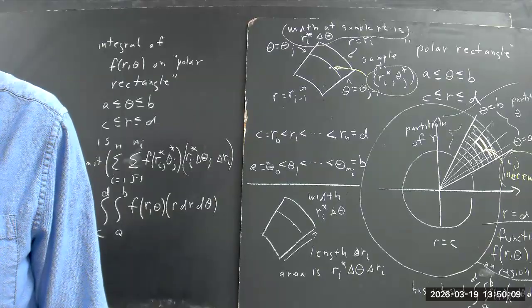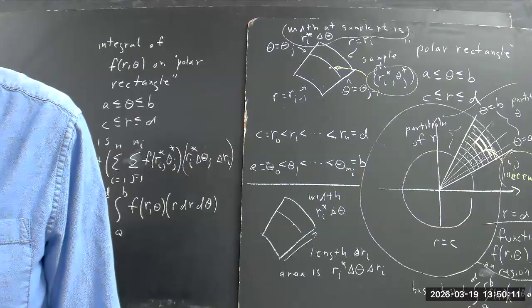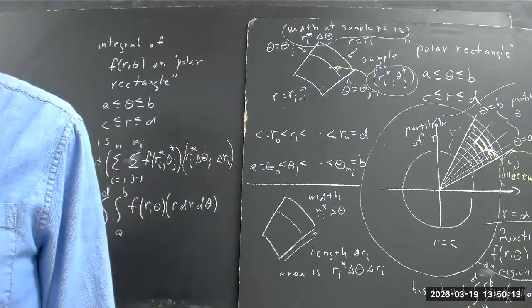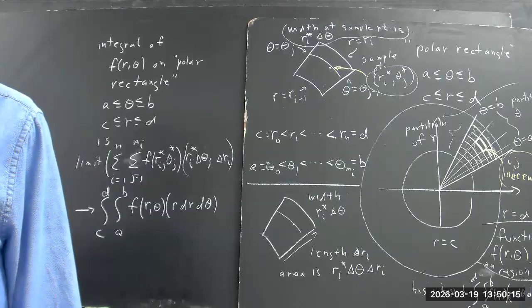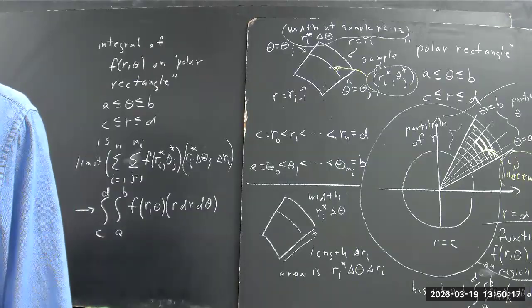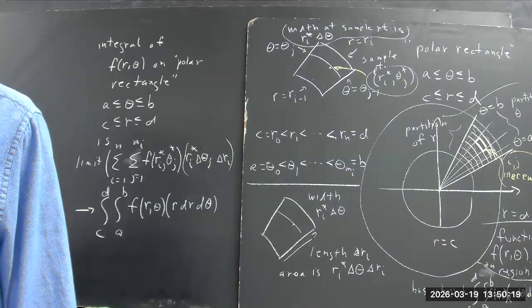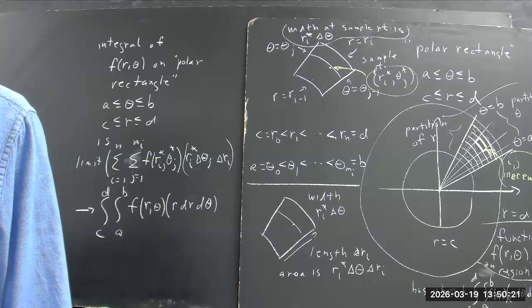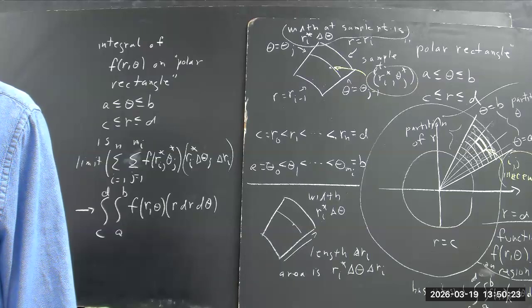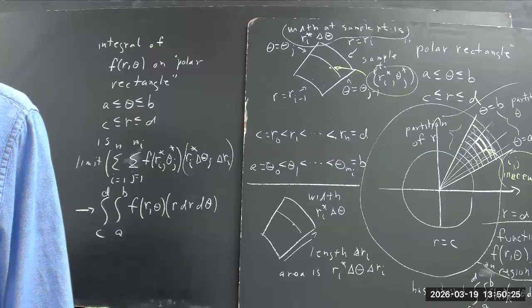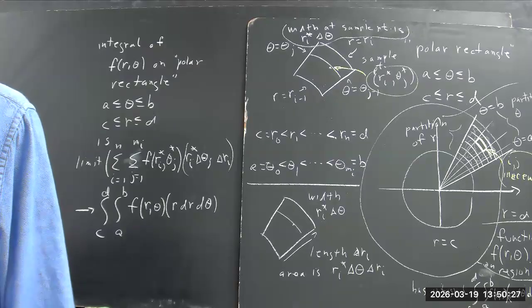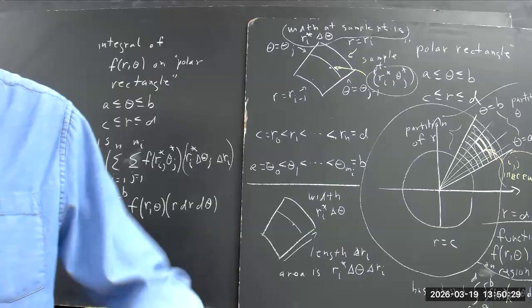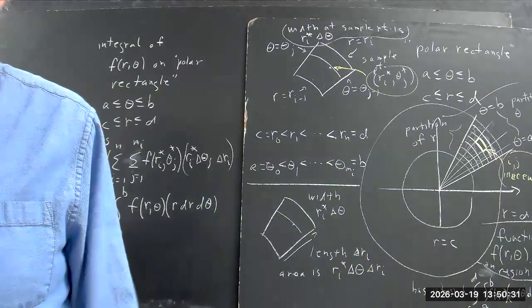And they talk about type 1 regions and type 2 regions and so forth. I haven't talked much about that, but it should be kind of obvious from the exam what you do. Sometimes you want to cut the regions this way, sometimes you want to cut them that way.